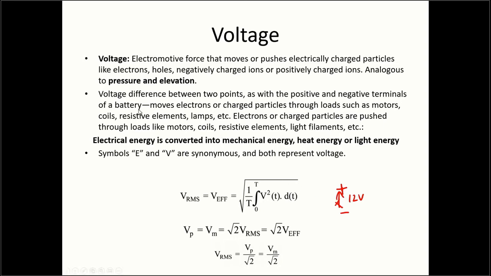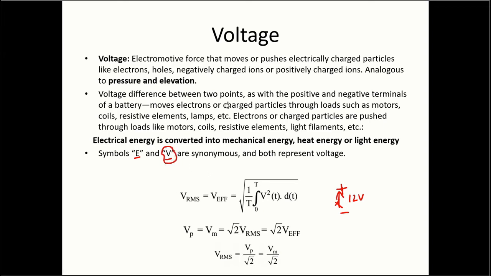So that's how you understand what a voltage is. It can be direct current or alternating current, a type of source. And then you have the symbols which represent voltage. Either they can be represented by E, or most likely you'll represent them by this letter V.